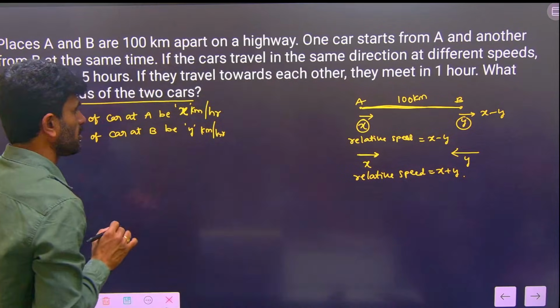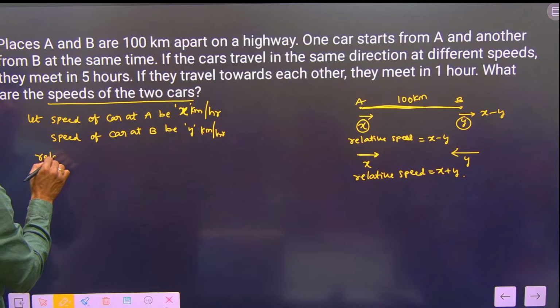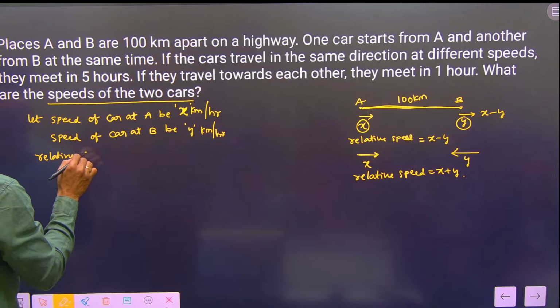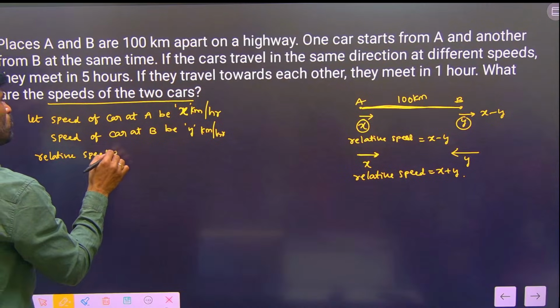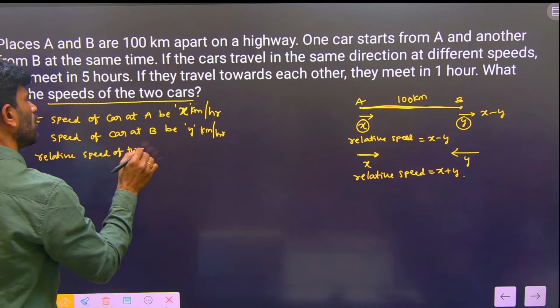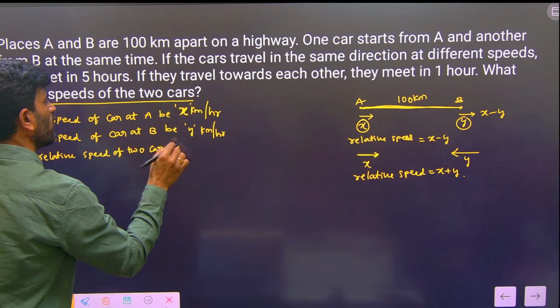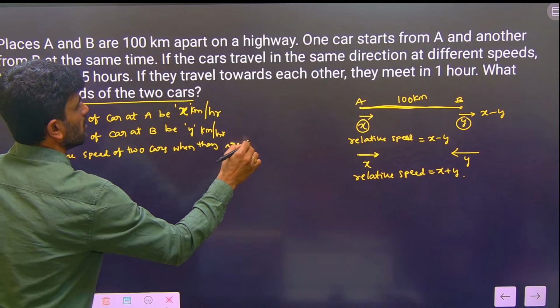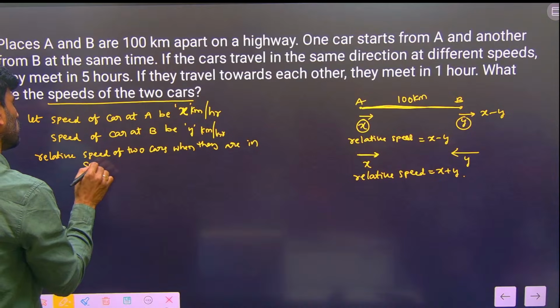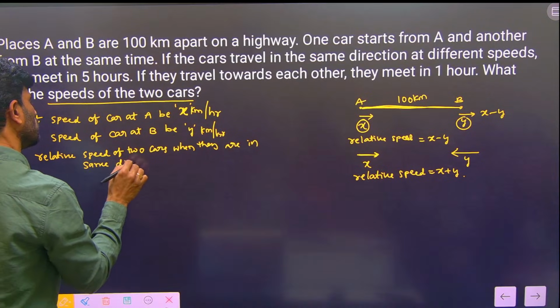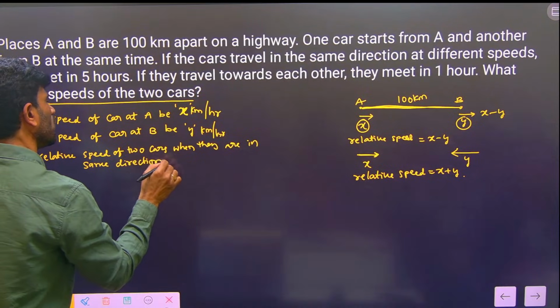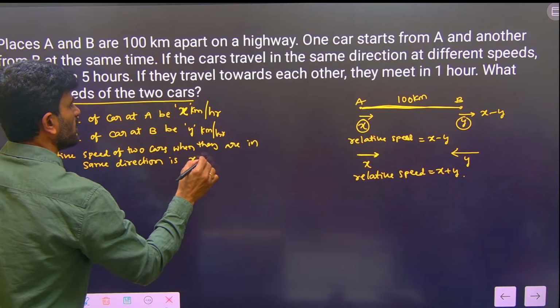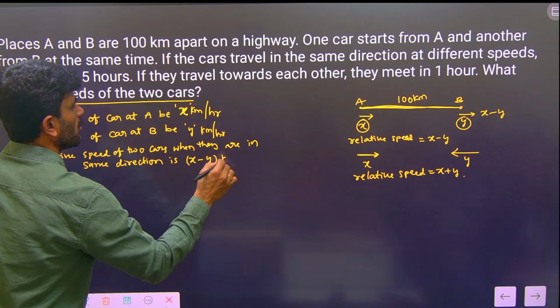So we will write here: relative speed of two cars when they are in same direction is x minus y kilometers per hour.